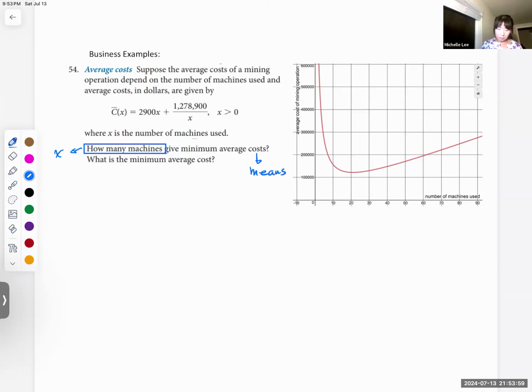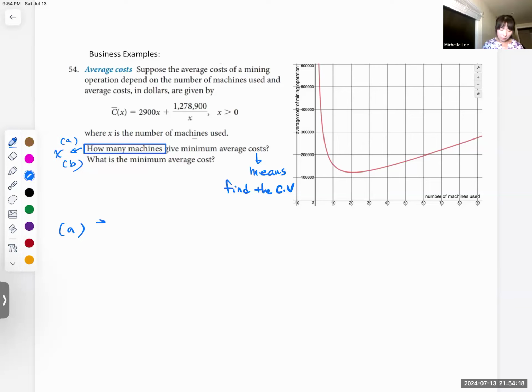Means find the critical value. All right. Okay, let's do it. How to find the critical value? Let's make this the A part. This is the B part. A. We want a derivative, right?